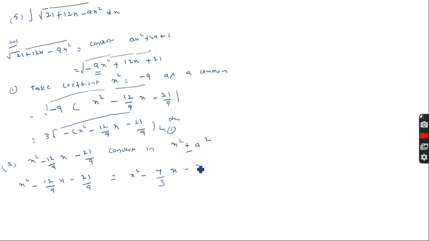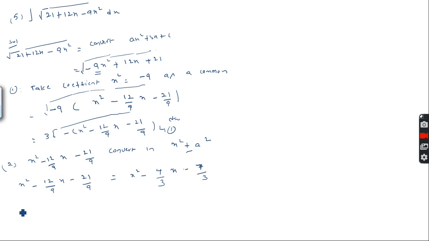That is, we can write x square minus 4 by 3 x minus 7 by 3.